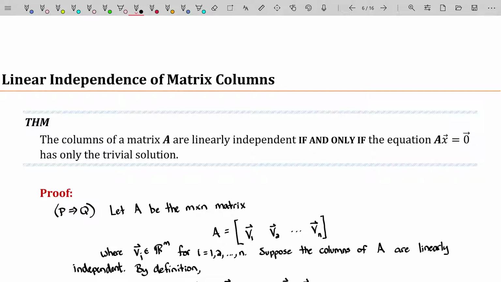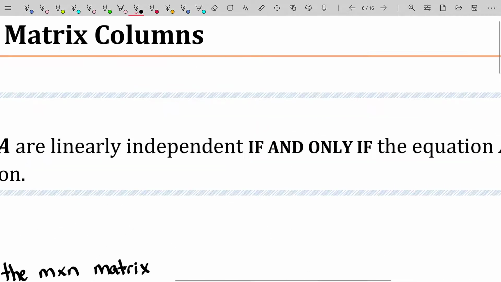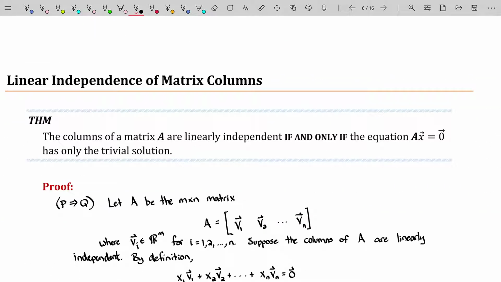So if P then Q is the same as saying if not Q, then not P. And with bijections, which are if and only ifs, the contrapositive looks like this. Essentially, it's the negation of everything. So right now we had P is true if and only if Q is true, P being that the columns of A are linearly independent, Q being that the equation Ax equals 0 only has a trivial solution.